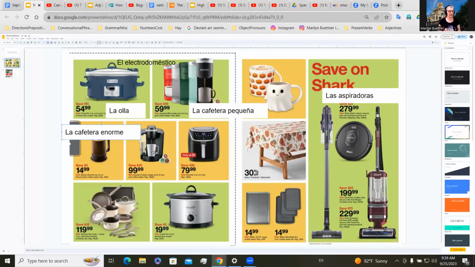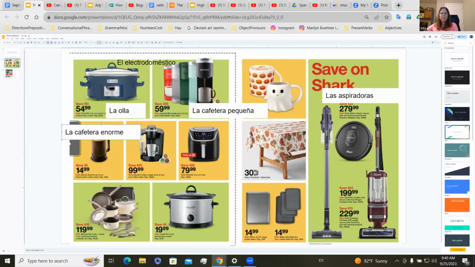Bueno, vale. A ver. ¿Cuál es el producto que cuesta $59? 59. ¿Cuál es el producto que cuesta 59? Cafetera. Sí.